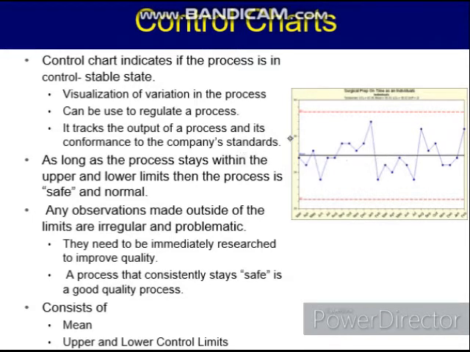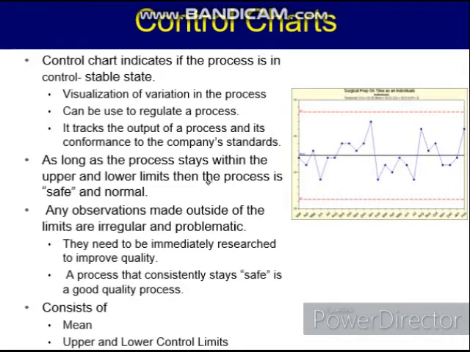It tracks the output of the process and its conformance to the company's standard. So it can track the output of the process, and you can see whether it's beyond the control limit specified by the company. So you can use that to check whether the process is conforming to the company standard or not.